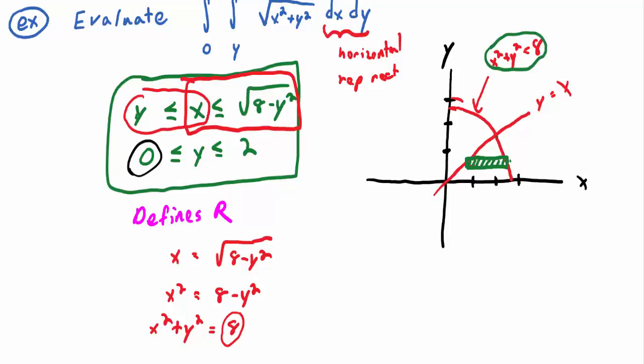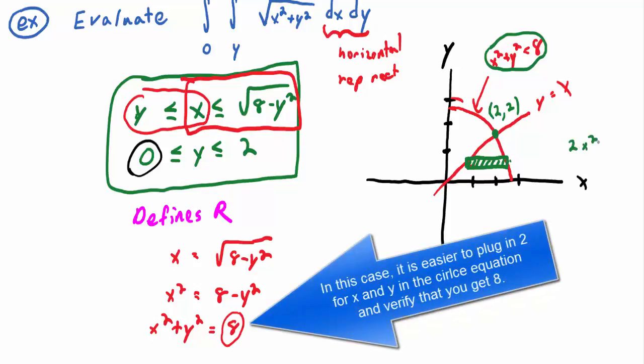And then if you think about what this point has to be, I think it's got to be 2, 2, doesn't it? How could you tell for sure? Well, it occurs on the line y equals x, so you could just set x equal to y in the circle equation. Then you get x squared plus x squared, which is 2x squared equals 8, or x squared equals 4, which means in this quadrant x equals 2.